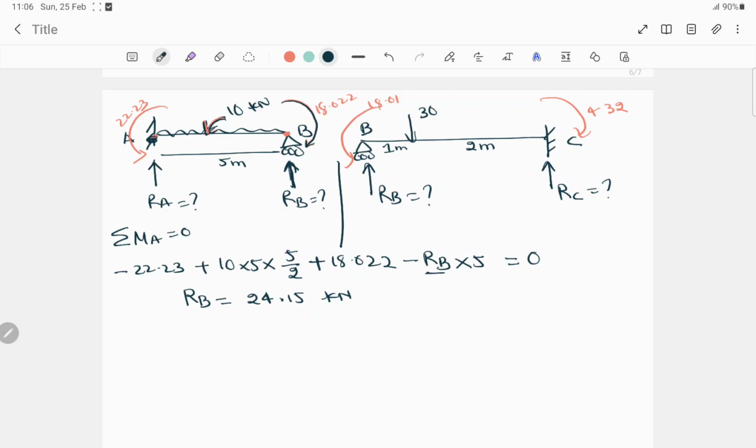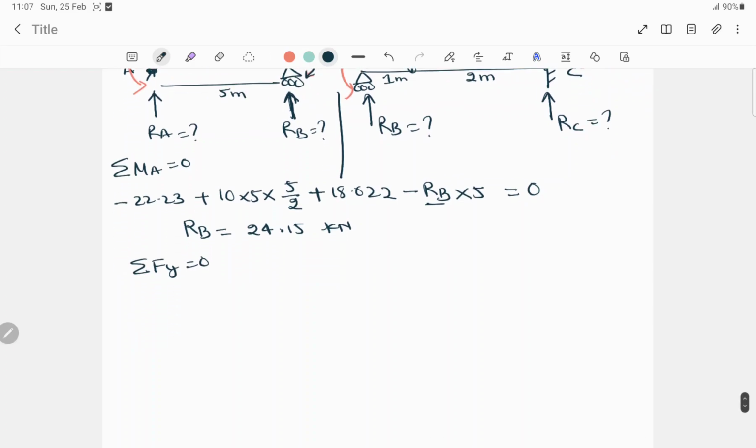Now we have a value for RB here. Now we have to find RA. So RA is, summation of all the vertical forces is equal to 0. See, for this kind of problem we have already solved in our strength of material for finding the shear force and bending moment diagram, right? So summation of all the vertical forces is equal to 0.